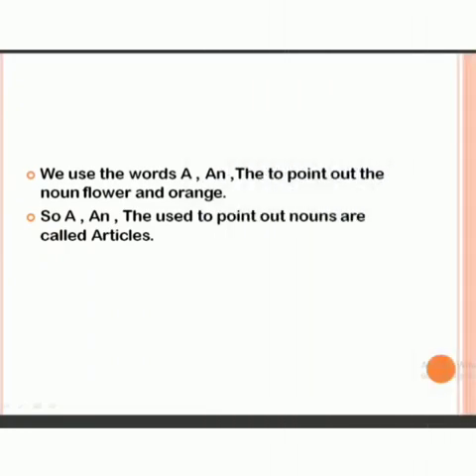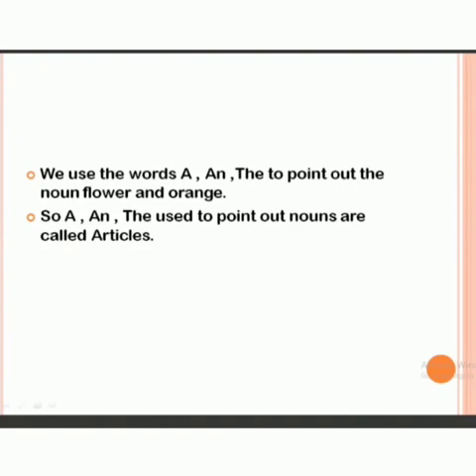So, in these examples, we used the words a and the to point out the noun flower and orange. So, a, an and the used to point out nouns are called articles.